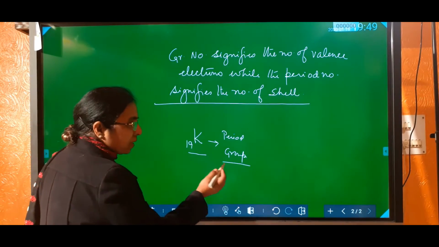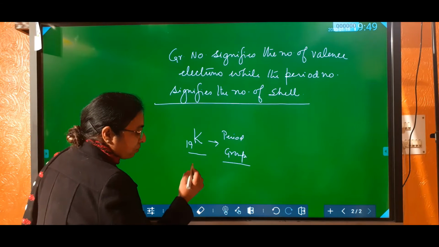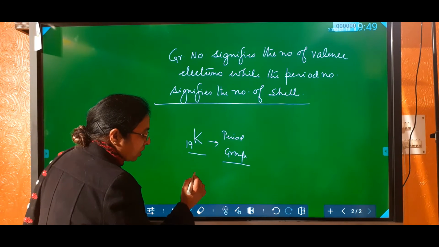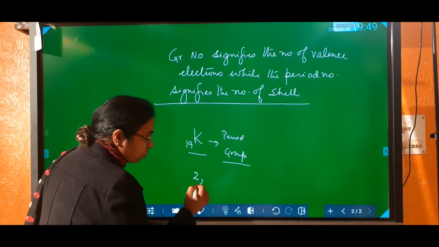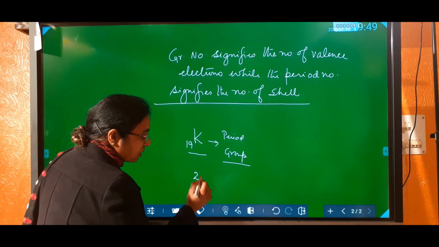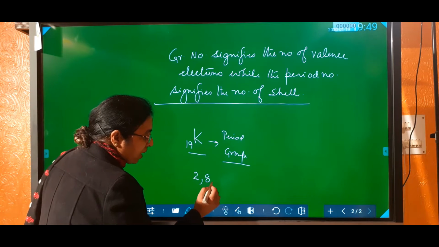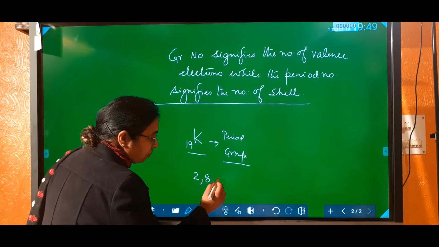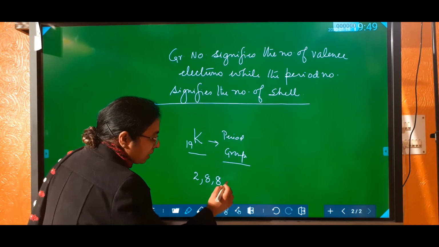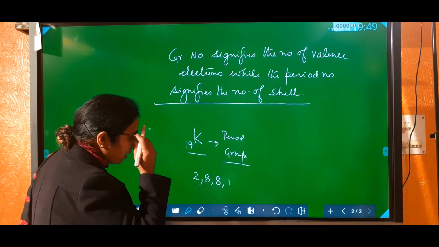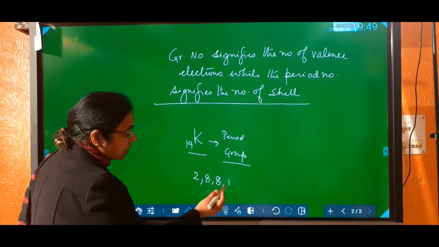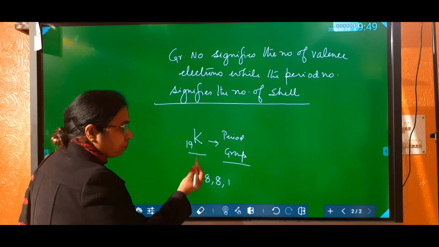So I will write the electronic configuration of potassium. How do I write it? You know that first it is 2 in the K shell, then 8, then again 8, and then 1. So 2, 8, 8, and then 1.